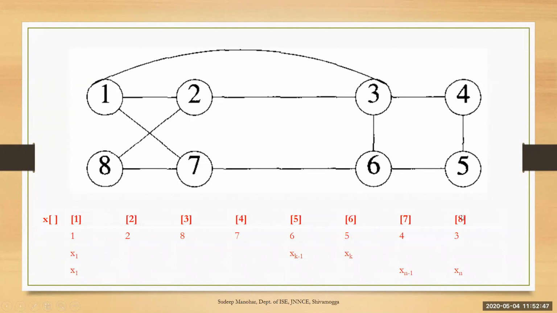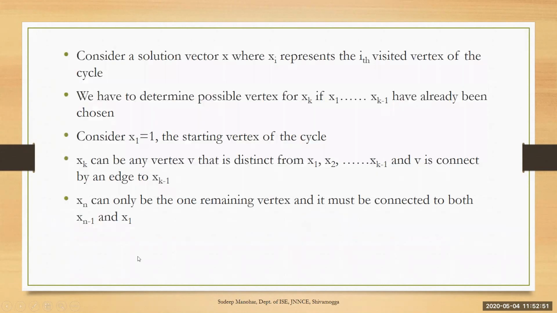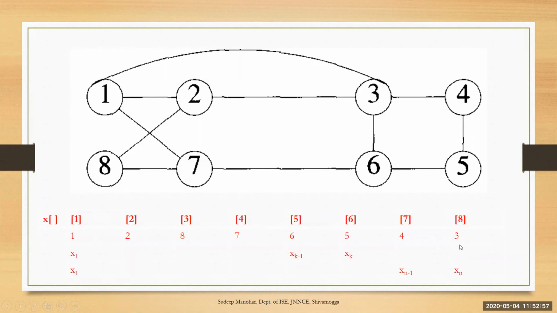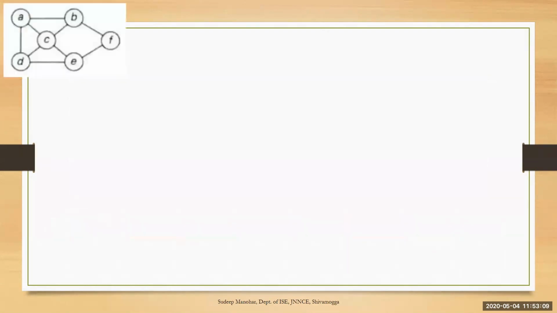Now when you are filling the last vertex, please note some point. xn can only be the one remaining vertex. When you choose a value for xn, there will be only one vertex remaining in the graph. There will be only one vertex and there will be no other choices. Next point.